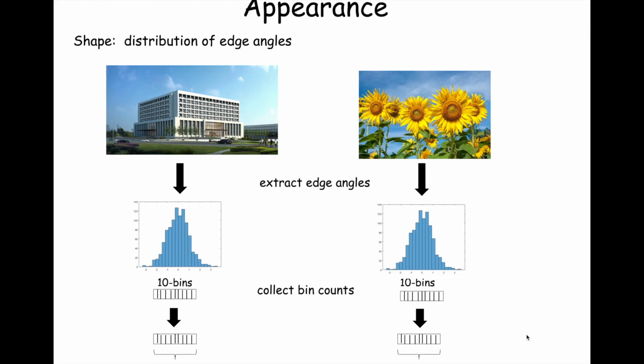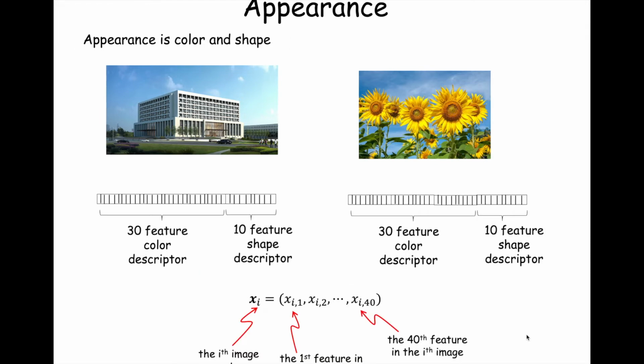You can concatenate them together to get a larger vector, a concatenation of the color representation and the shape representation, to build your so-called appearance-based vector-valued representation.